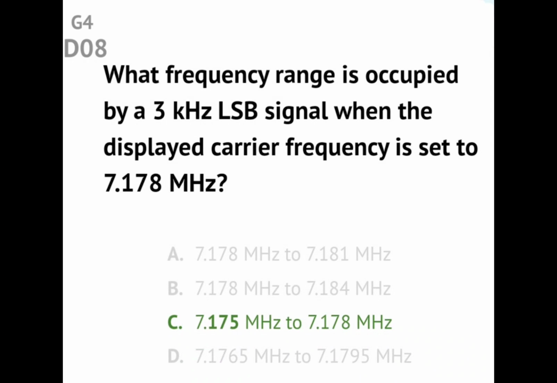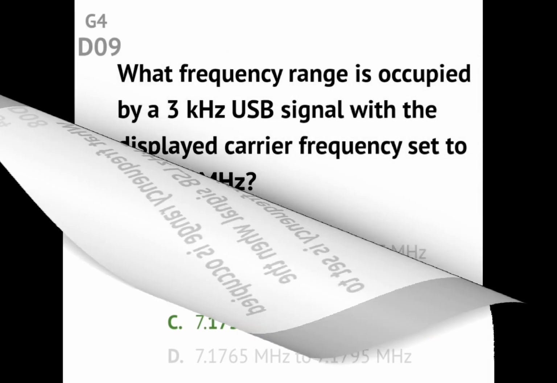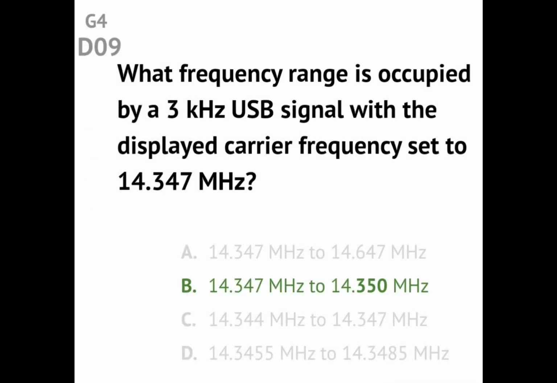Question G4D08. What frequency range is occupied by a 3 kHz LSB signal when the displayed carrier frequency is set to 7.178 MHz? Answer: 7.175 MHz to 7.178 MHz. Question G4D09.